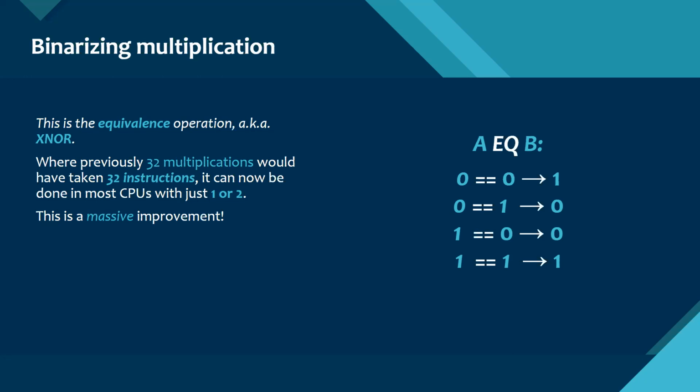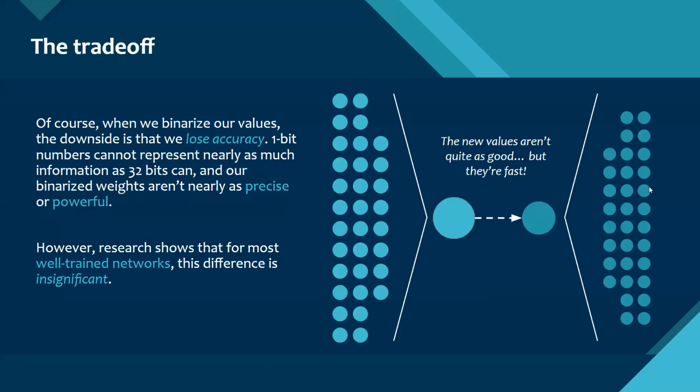Yes. How much will this reduce performance of the network? That'll depend a lot. As you might imagine, networks might respond to that differently. There's research that suggests that if your network's trained well, it's not too significant.